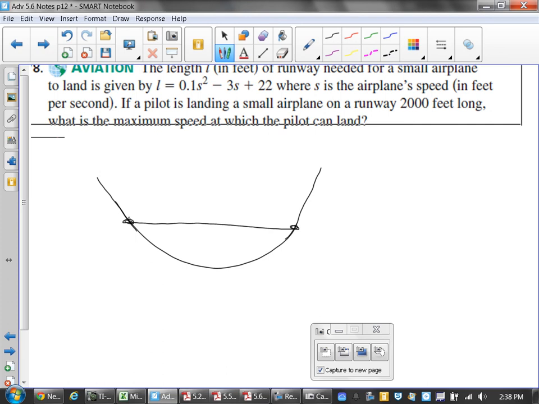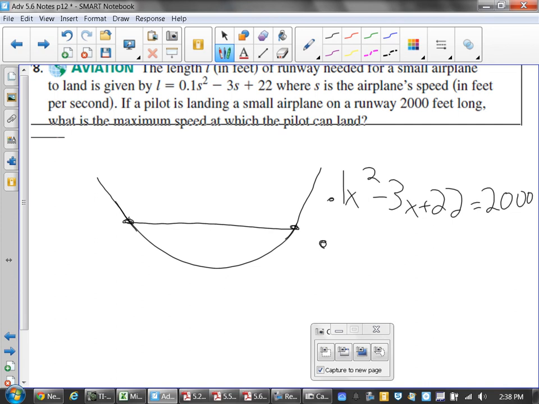You're going to have a positive and a negative zero. All you're doing is taking 0.1x squared minus 3x plus 22 and setting it equal to 2,000, which means I'm just going to use the quadratic formula again to figure out what x is, which is this maximum speed to safely land. Otherwise, you go underground and you die.